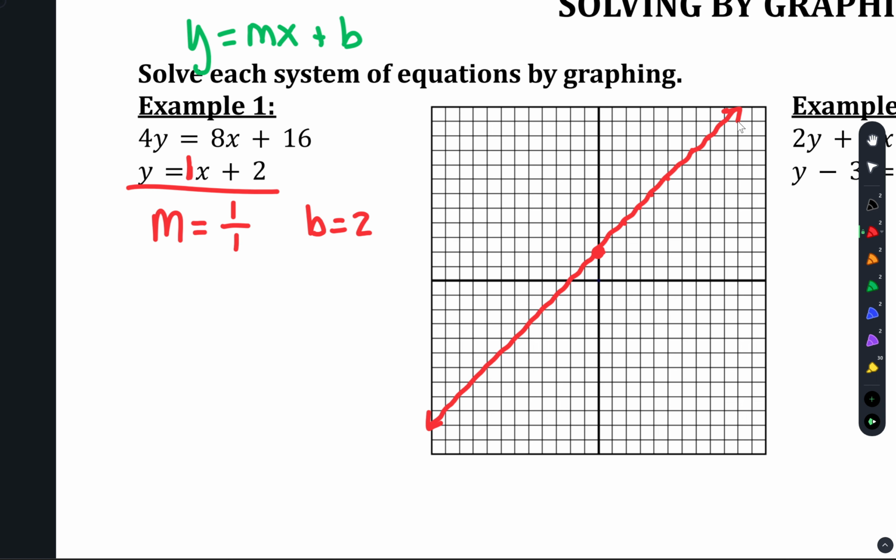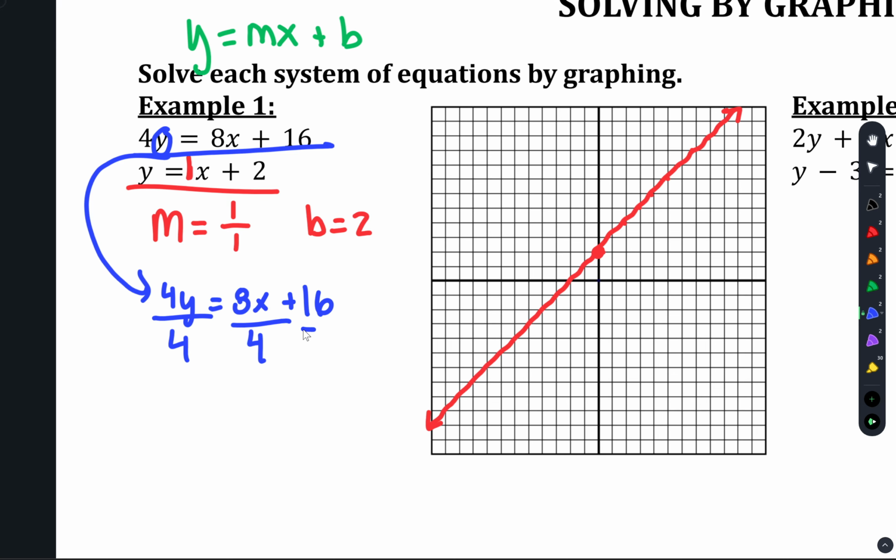Okay, that's kind of the easy one. Now take a look at that top equation. What am I going to have to do to that top equation to get it to be in a graphable form? We're going to need to get rid of that 4 because we're solving for y. So I'm going to go ahead and drop this down. I'm going to divide everything by 4.